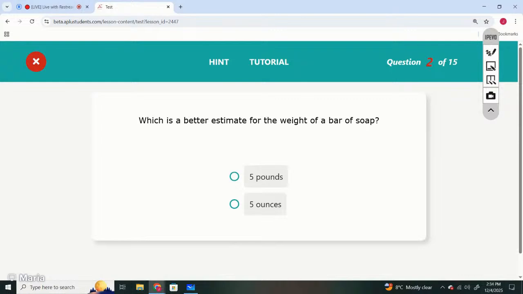Which is the better estimate for the weight of a bar of soap? The bar of soap would be 5 ounces, because 5 pounds is too much for the weight of the soap.